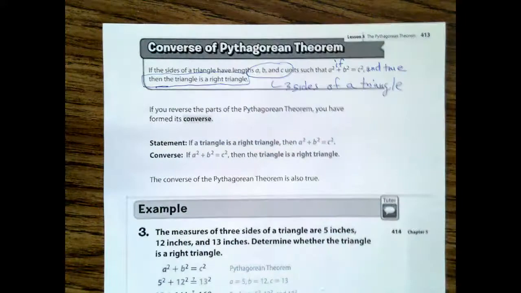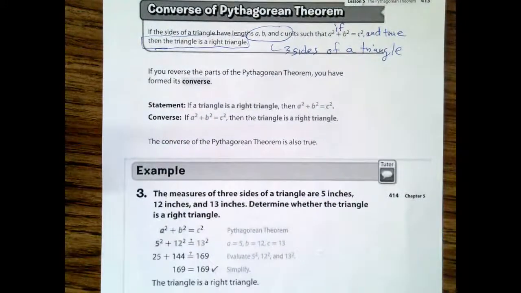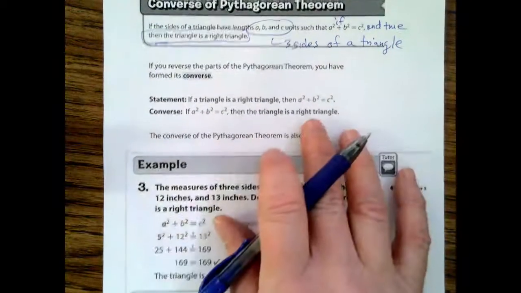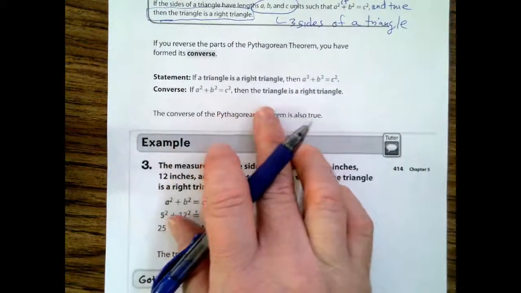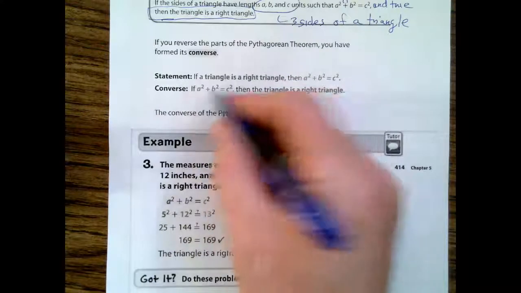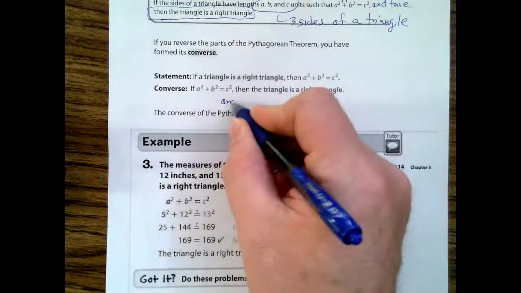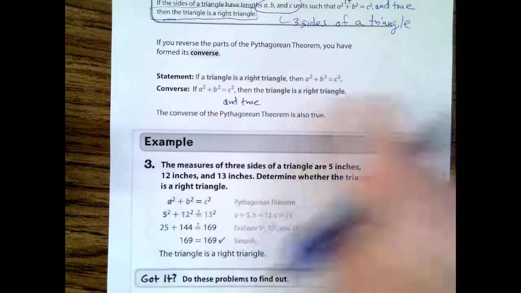So that's all we have to do is just put them in and test it. If a triangle is a right triangle, then a squared plus b squared equals c squared, and converse. If you put the numbers in and it's true, then the triangle is a right triangle.